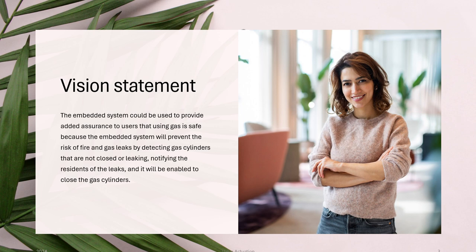There will be a trigger to send emails or messages that there are suspected gas leaks. Also, the system itself must be able to close the gas cylinder. The title of this presentation, automated valve fastening, means that the system must be able to close the valve by itself.